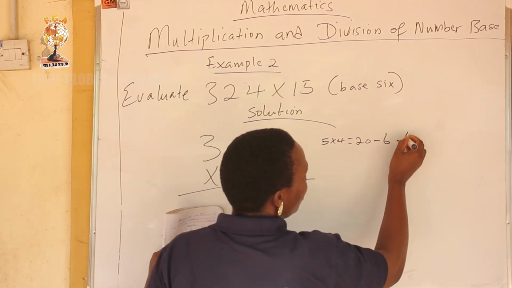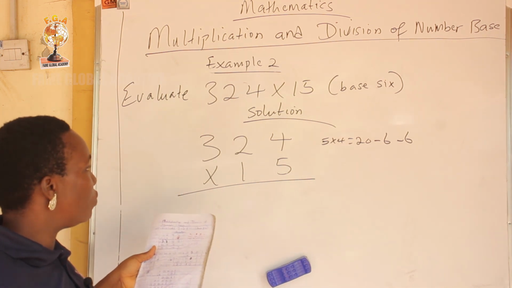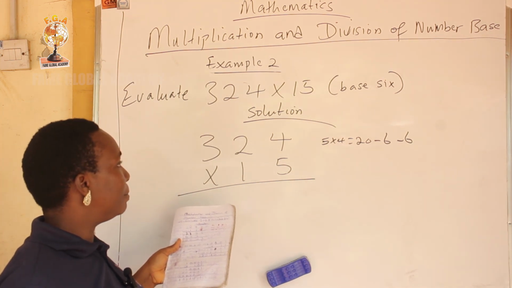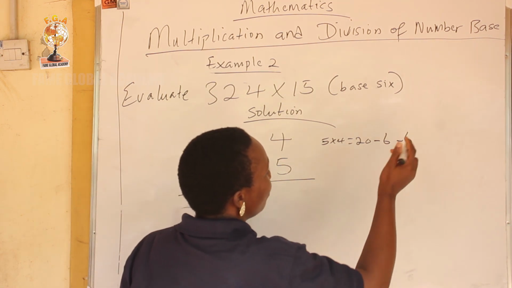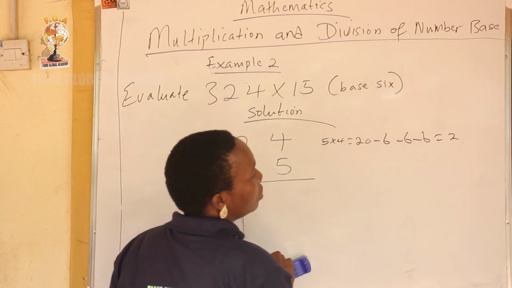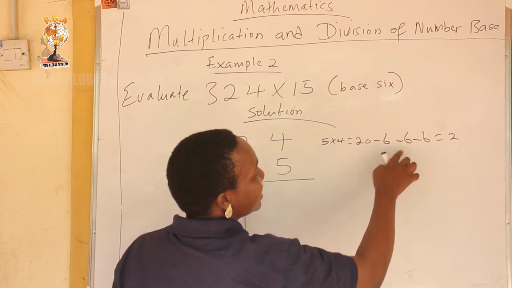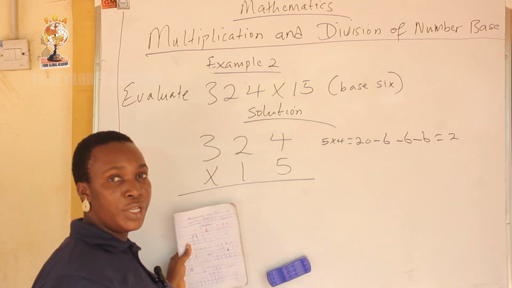Minus 6 again, we have 8. And we minus 6 again, you have 2. So we are subtracting 6 three times from 20 before we have an answer that is less than the base, which is 6.